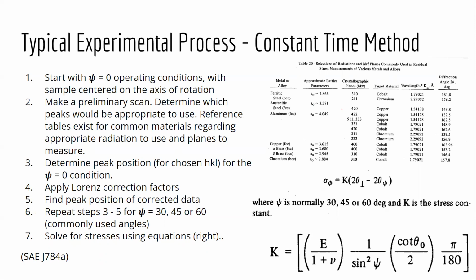You'll apply Lorentz correction factors, find your peak position of the corrected data, and then repeat steps 3 through 5 for your second psi, whether you decided it was 30, 45, or 60, which are the most commonly used angles. And then you'll solve for the stresses using the equations to the right.